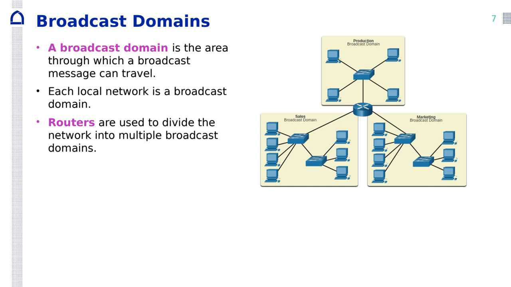If one computer here sends a broadcast, it will go only here in this network. It will not go beyond the router. The router blocks broadcasts. So every router interface is connected to a broadcast domain. Do you understand what this means? So how many broadcast domains do I have here? 3. So routers are used to divide the network into multiple broadcast domains.